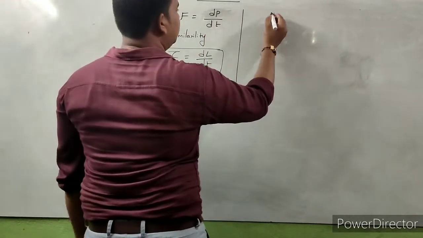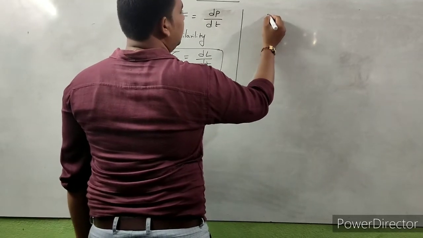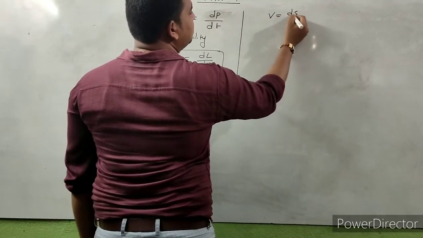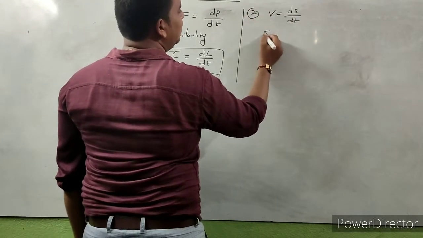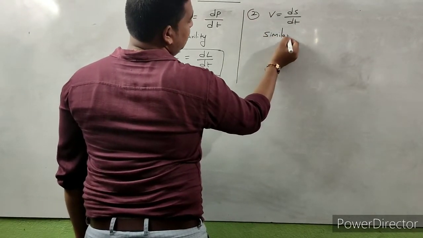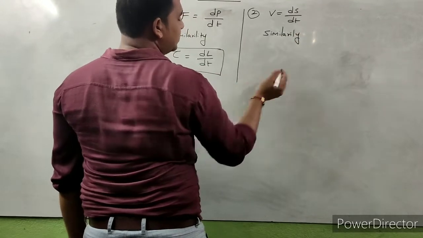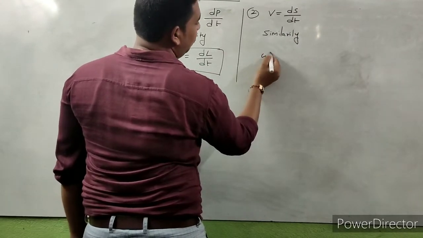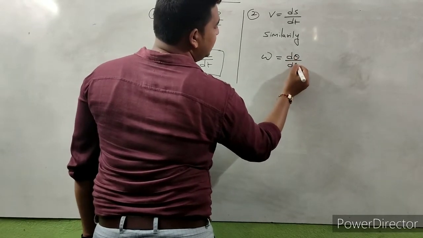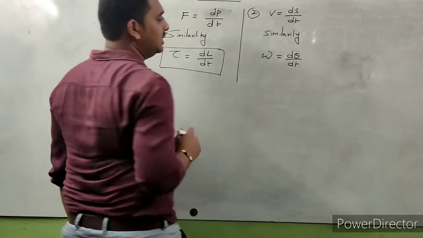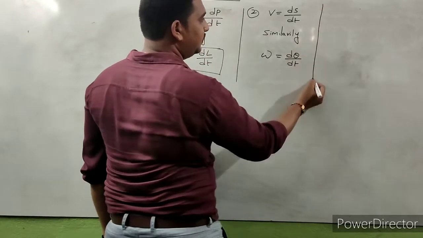We know that V is equal to ds by dt in linear. Similarly, in circular path, V means omega. Omega is equal to d theta by dt.